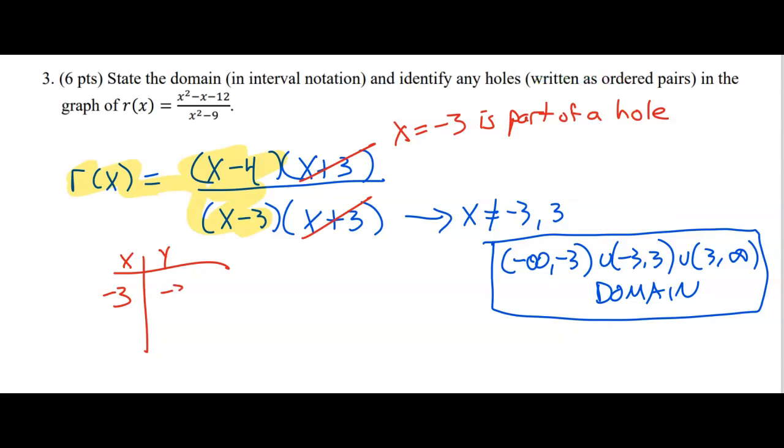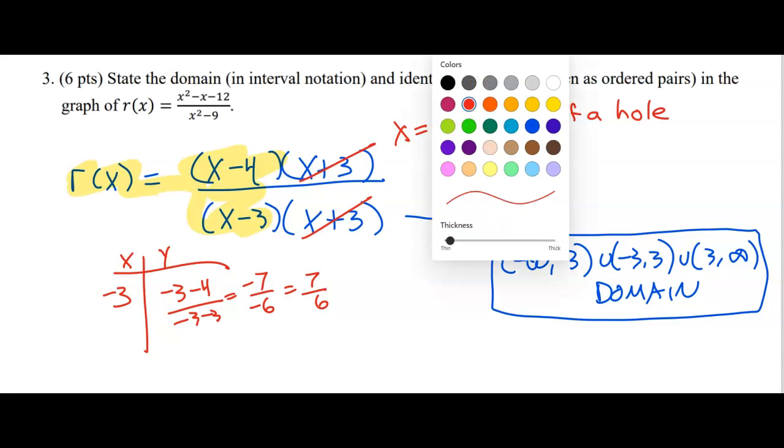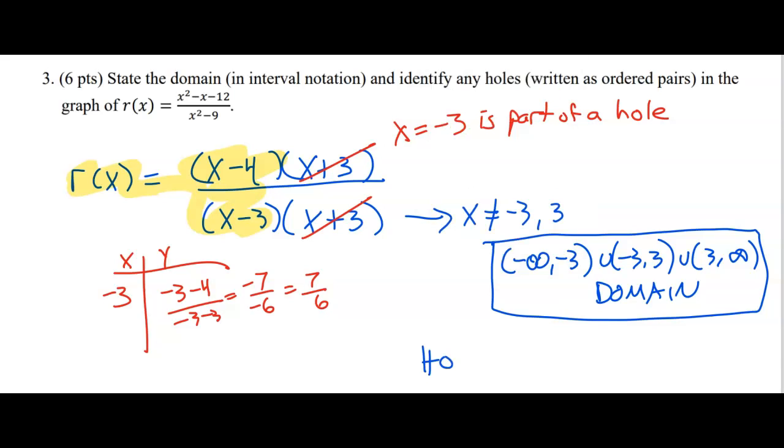So we get negative 3 minus 4 over negative 3 minus 3. That's negative 7 over negative 6. So we get 7/6. So the hole is at the point negative 3, comma 7/6.